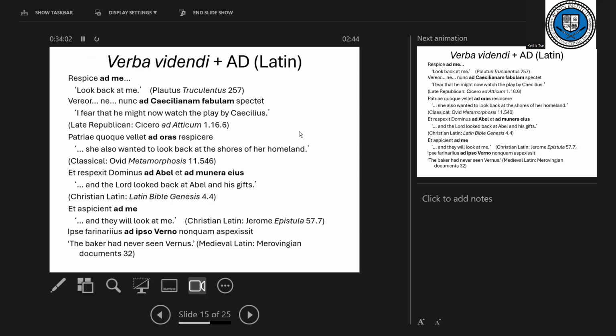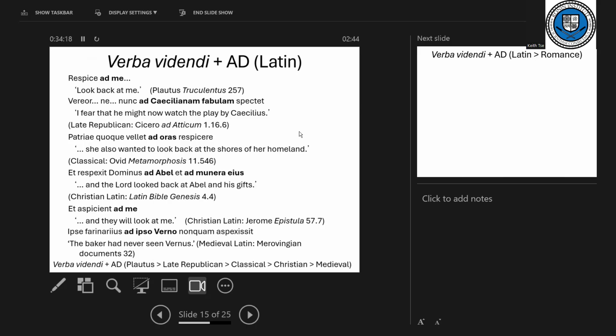In Medieval Latin, in the famous Merovingian documents, there are eight examples of ad being used with aspicere. Here it's "aspexit ad ipso verno." So if we put all of these together, verbs of vision plus ad, this construction is attested throughout the history of Latin, from Plautus all the way to medieval Latin.